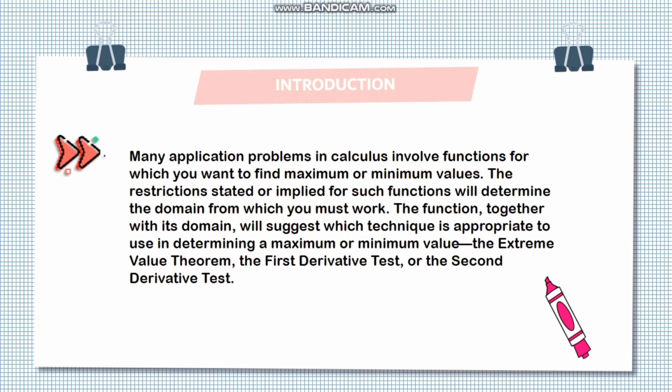And we will use the extreme value theorem, the first derivative test, or the second derivative test to find maximum or minimum values. So, let's fast forward and move to a simple example in the next slide.